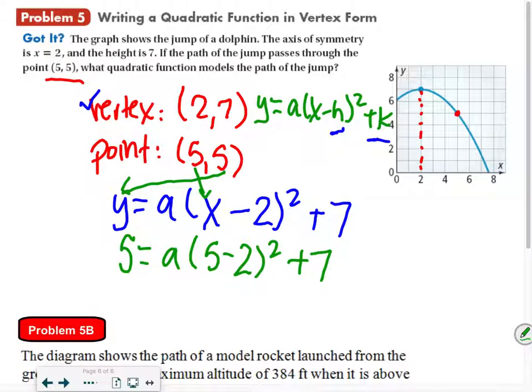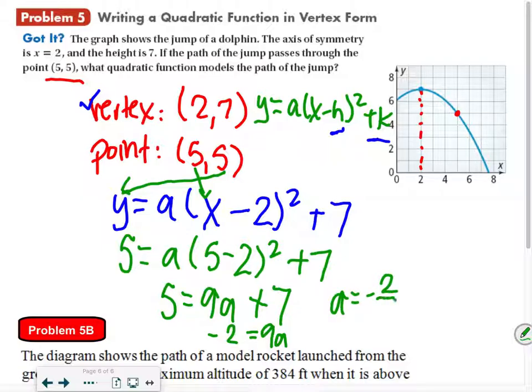A. Simplify. What is 5 minus 2? 3. What is 3 squared? 9. So I have 5 equals 9a plus 7. Subtract 7. Negative 2 equals 9a. And we get this nasty fraction, negative 2 ninths.